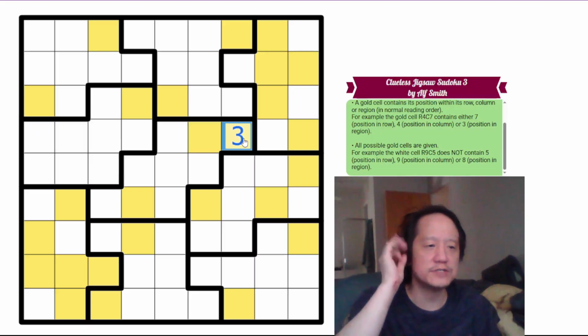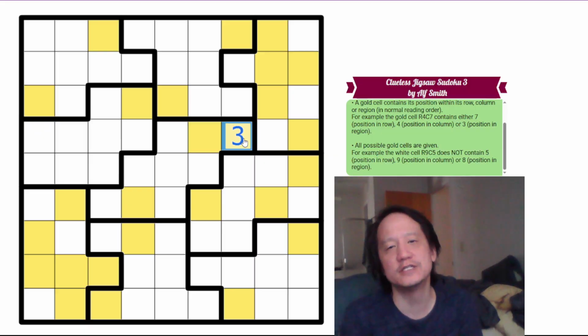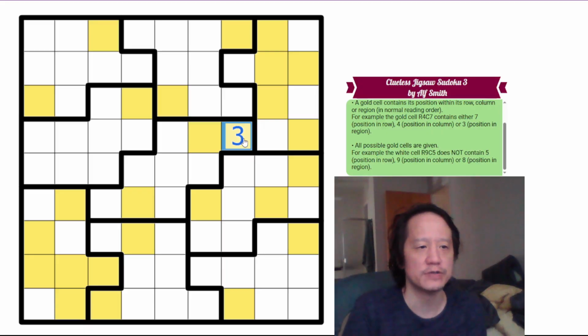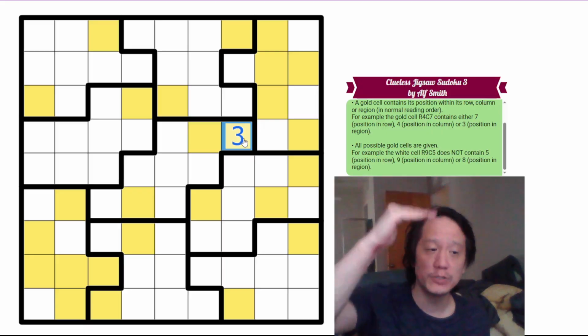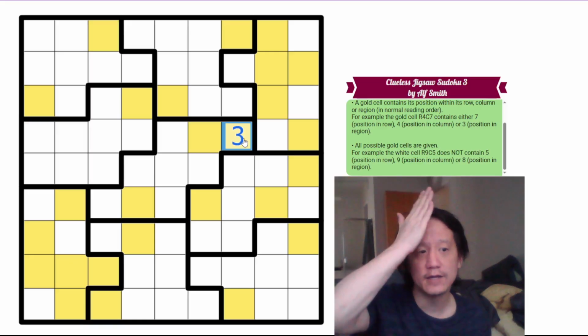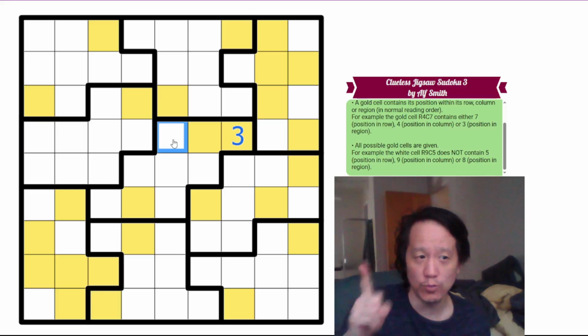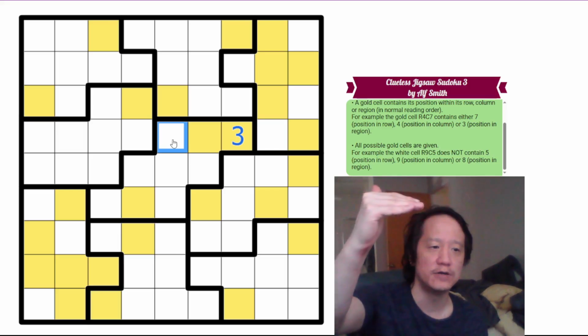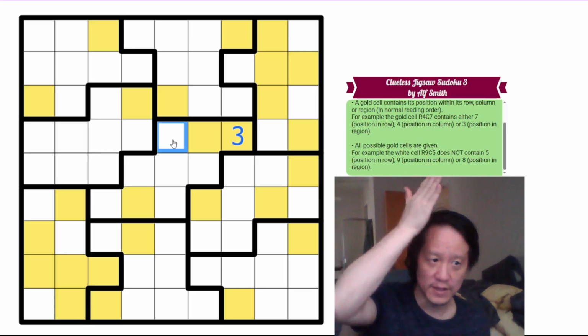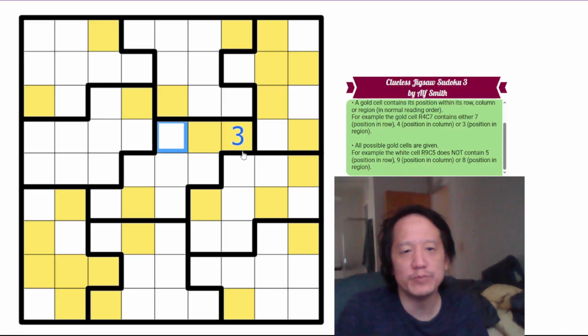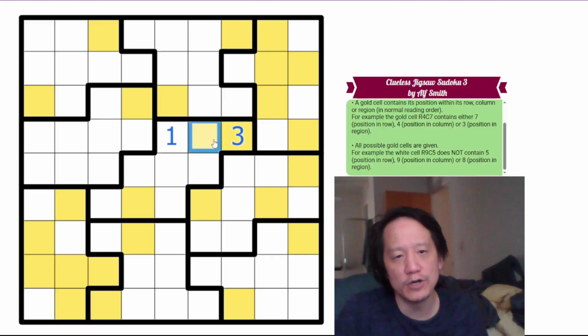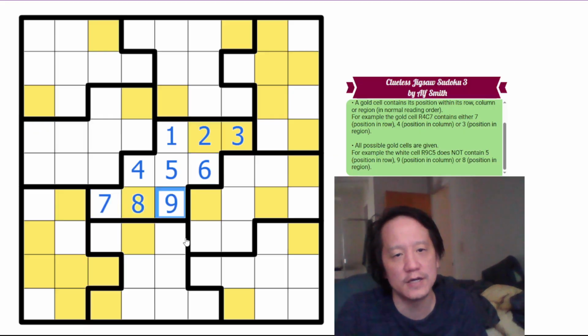And this is normal reading order, typical Western reading notation, which means it goes from top to bottom and then left to right. So this would be position 1 because it's the topmost cell and topmost row and then the leftmost cell. So in this region, it would be 1, 2, 3. This is 4, 5, and 6, and this is 7, 8, 9.